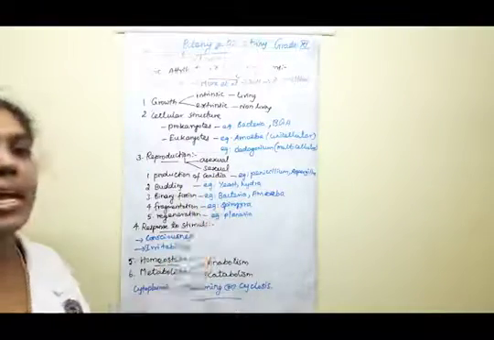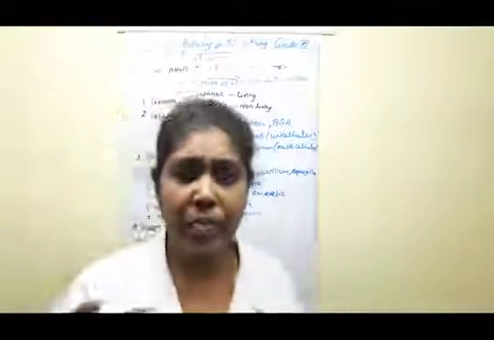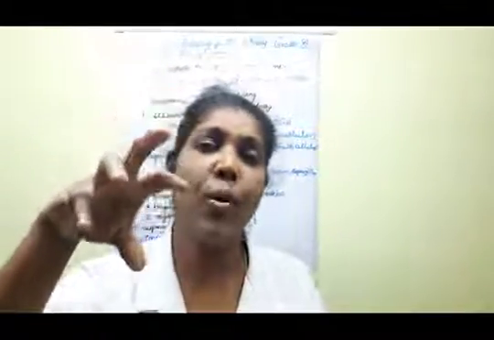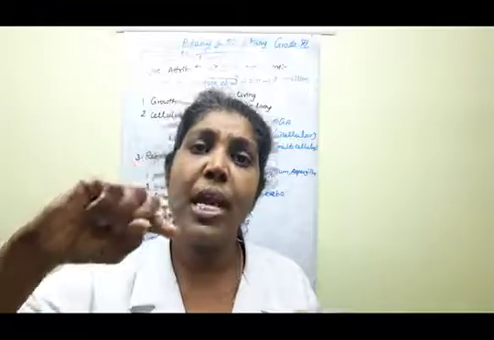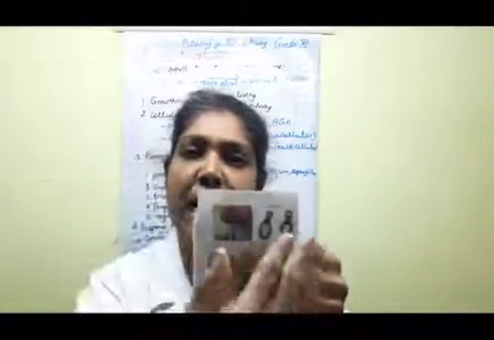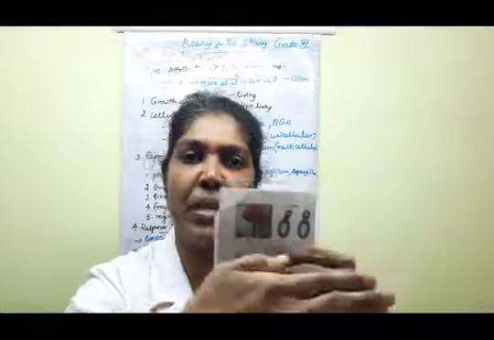Next one, budding. Budding means the mother or parental one has an extra projection-like outgrowth. So this is the mother plant. The outgrowth is detached or separated from it and produces a young one.